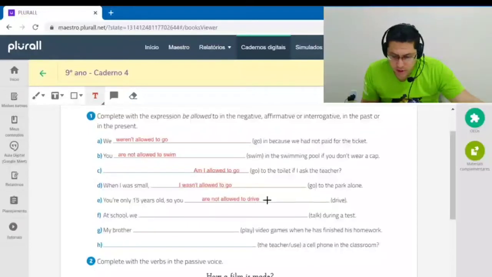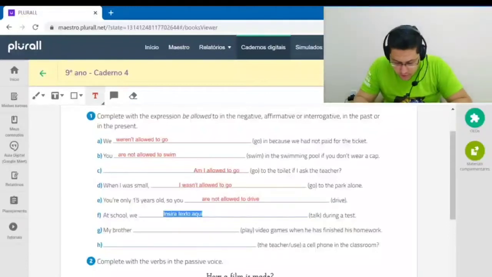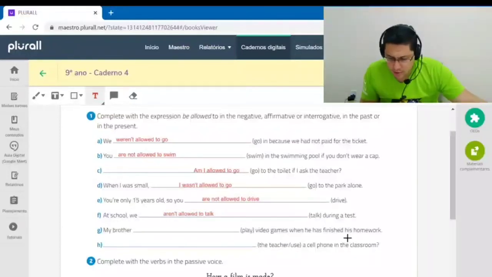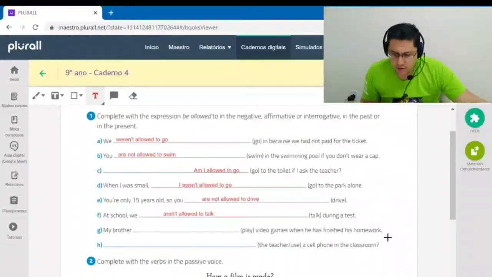At school, we talk during a test. Não é autorizado a falar durante uma prova, né? We aren't allowed to talk. Conversar, na verdade, né? Durante a prova. My brother plays video games when he has finished his homework.